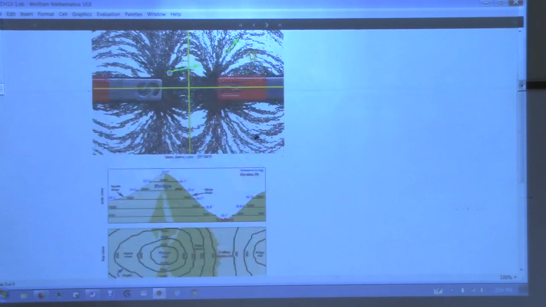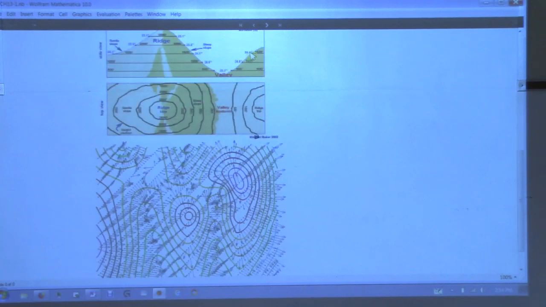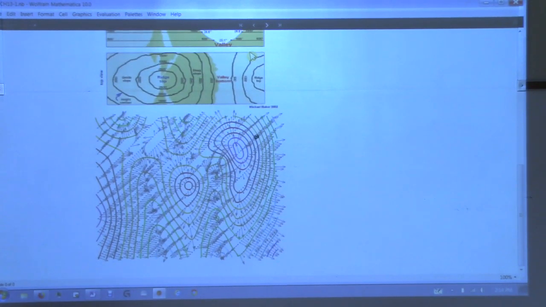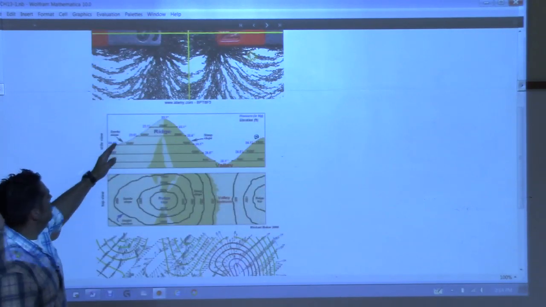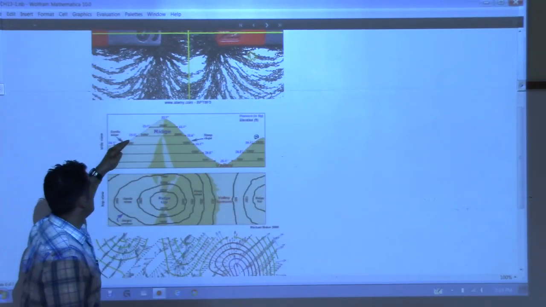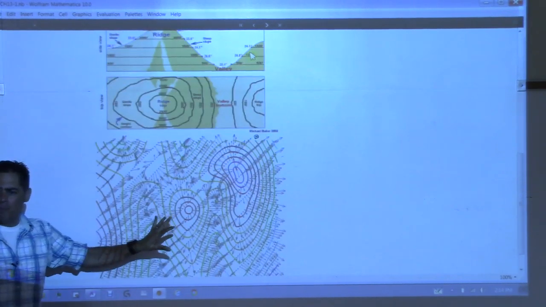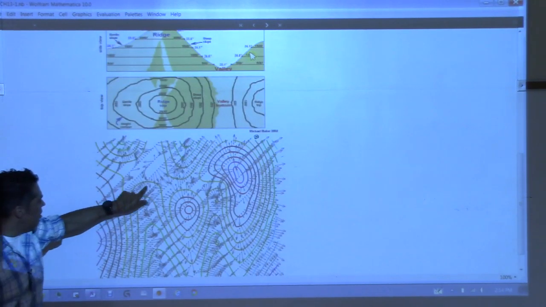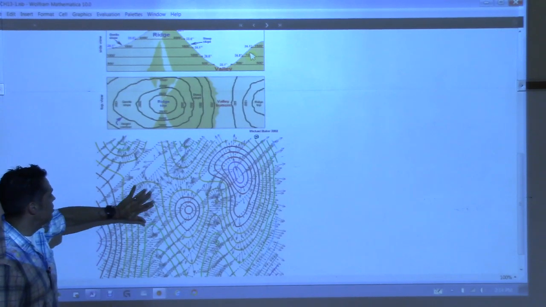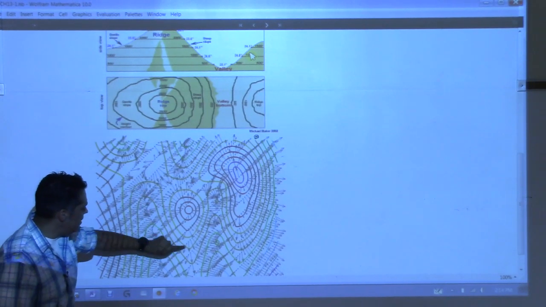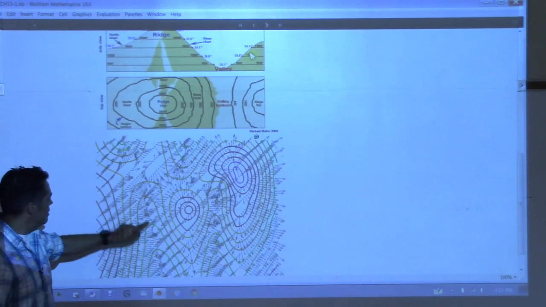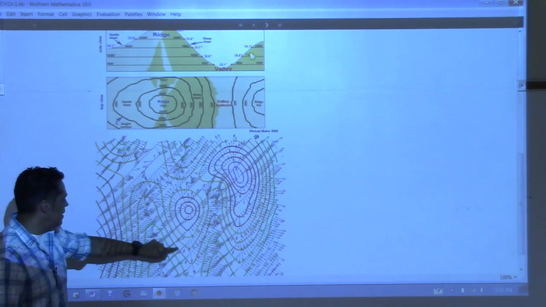Another example would be a topographical map. This is a map of a couple of hills, and if we look at it from the top, we get topographical maps, which are all elevation lines. Anything on this line is at the same elevation, anything on the next line is at a different elevation, and so on.